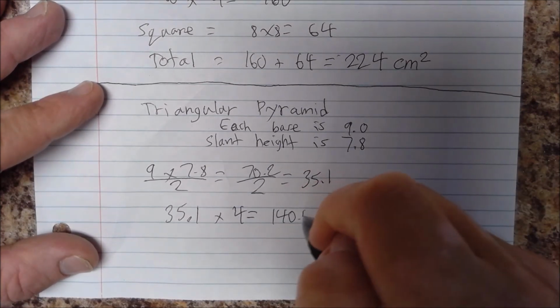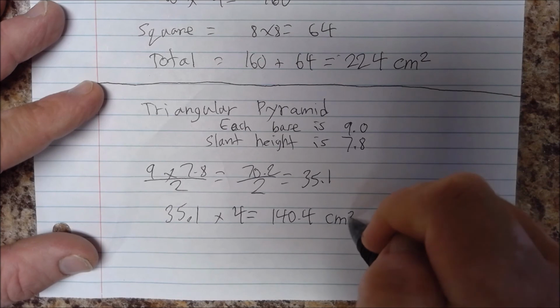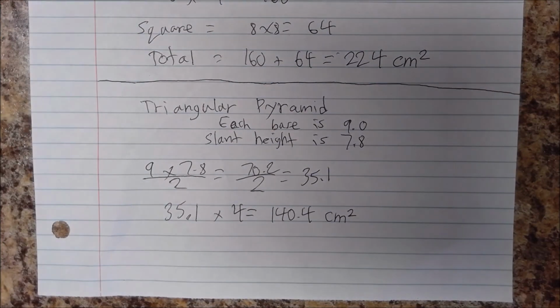140.4 centimeters squared. Yeah, let's do another triangle. There's one on the page right there. This is my loose leaf here. Do another triangular pyramid.